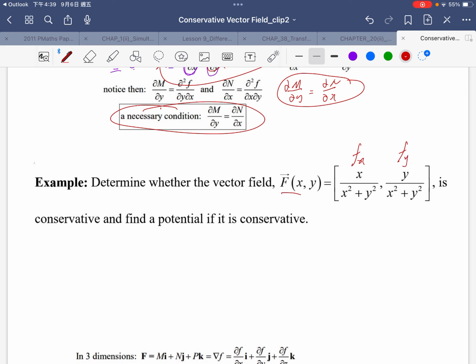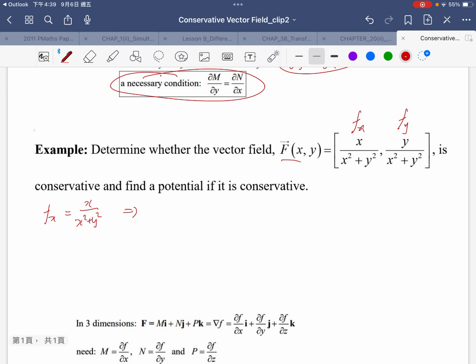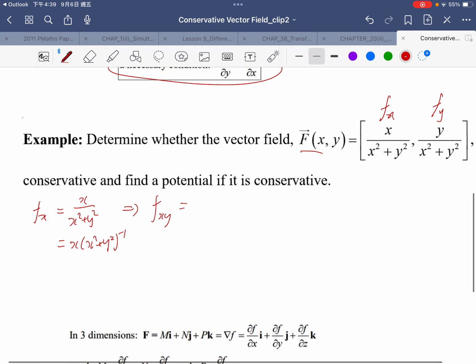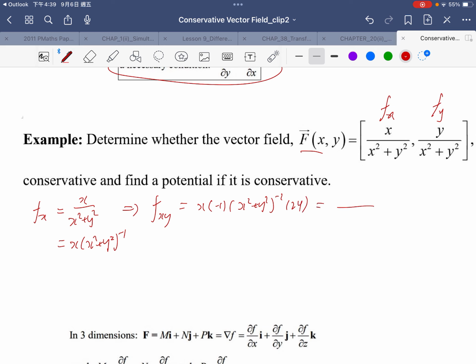Then we differentiate this function once more with respect to y, which gives (x minus 1)(x squared plus y squared) minus 2 times 2y, which means minus 2xy over (x squared plus y squared).